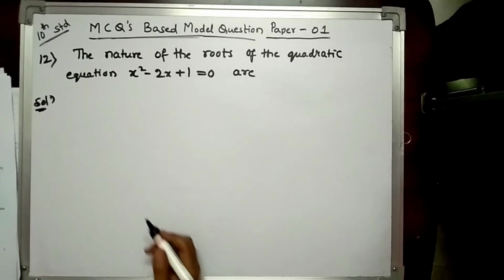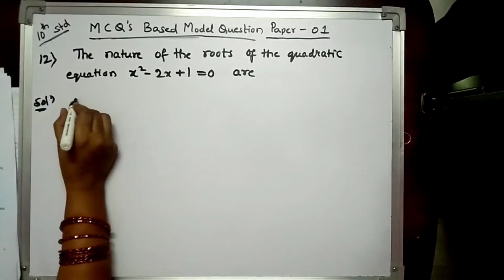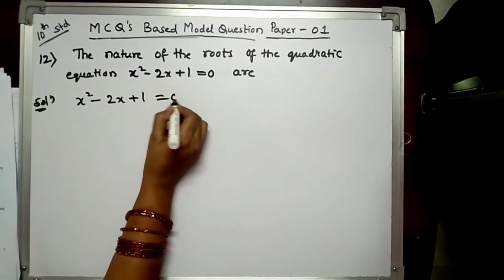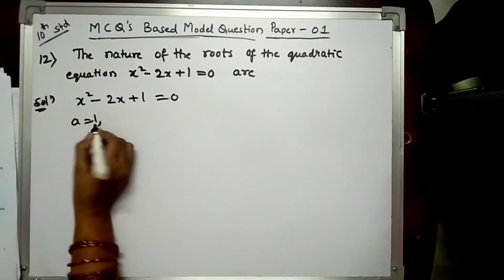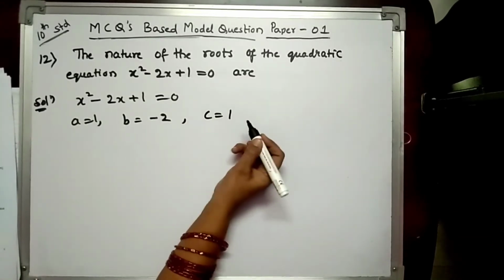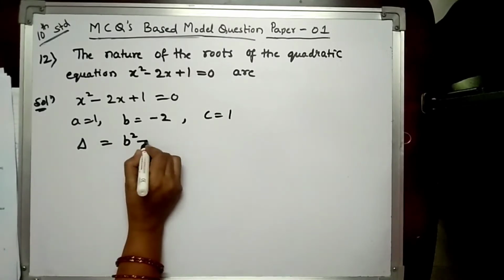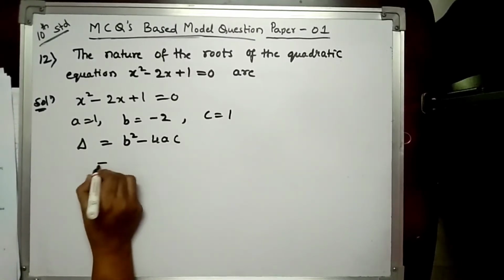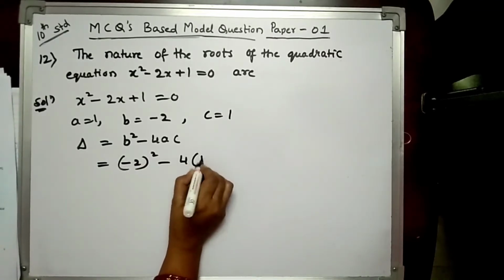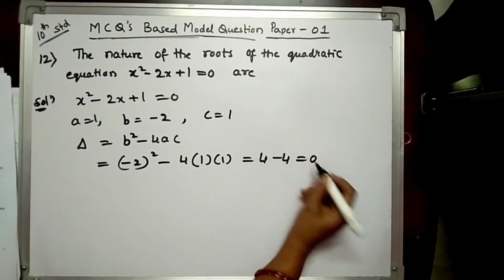Next question, the nature of the roots of the quadratic equation x square minus 2x plus 1 is equal to 0. Here a is equal to 1, b is equal to minus 2 and c is equal to 1. So you check delta is equal to b square minus 4ac. b is minus 2 whole square minus 4 into a is 1, c is 1. 4 minus 4 is equal to 0.